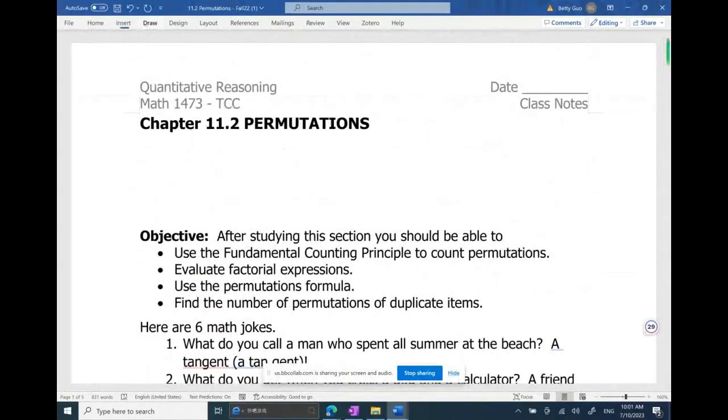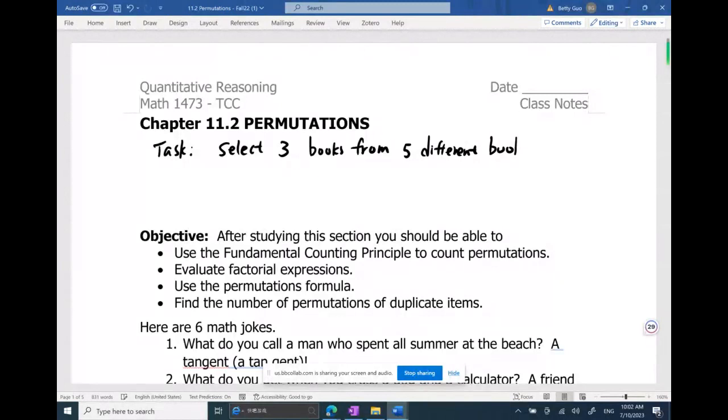Let's say your task is to select 3 different books from 5 different books.